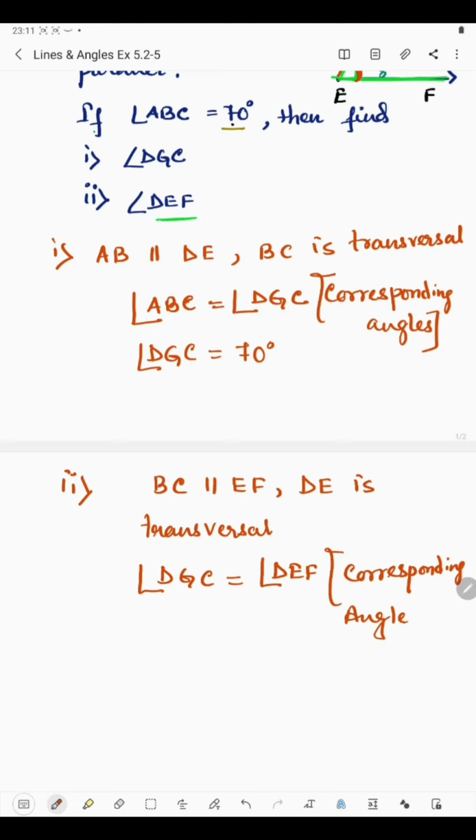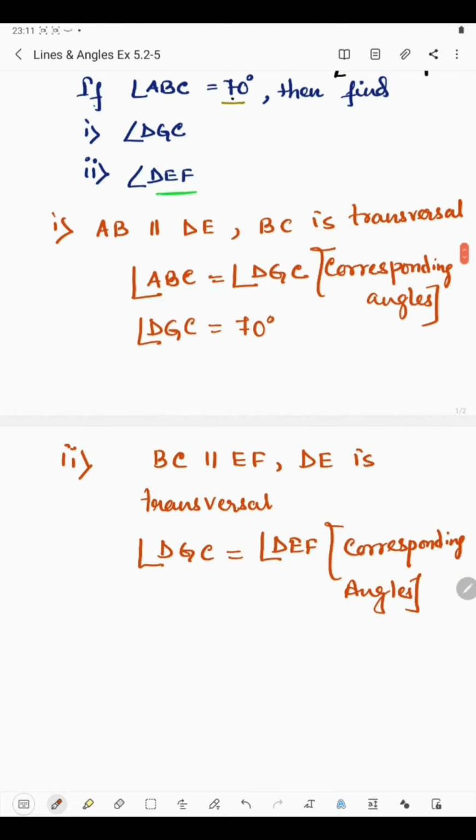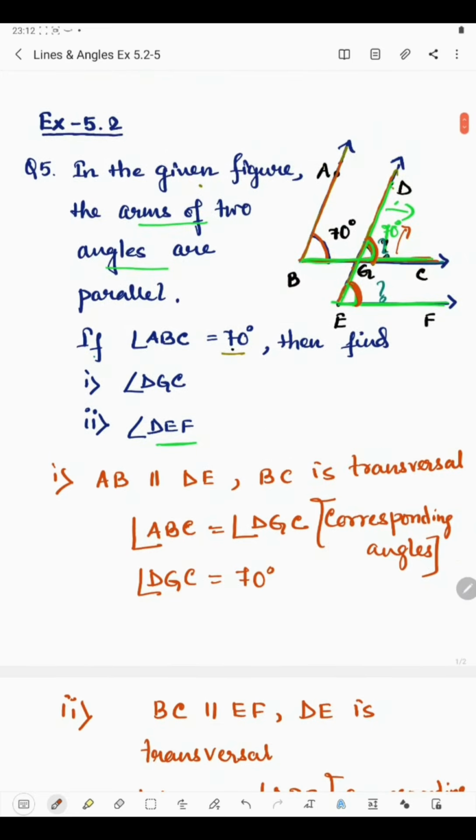So if DGC is 70 degrees, then angle DEF is also 70 degrees, because in the first part we have proved that angle DGC is 70 degrees. So if DGC is 70 degrees, then DEF also will be 70 degrees as both the angles are equal. So this was question number 5.